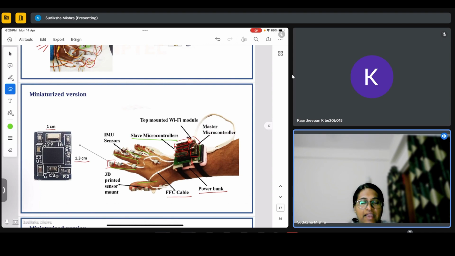This reduced the problem of aliasing. Now the maximum frequency that they could detect was 100 hertz. Earlier it was 30 hertz.